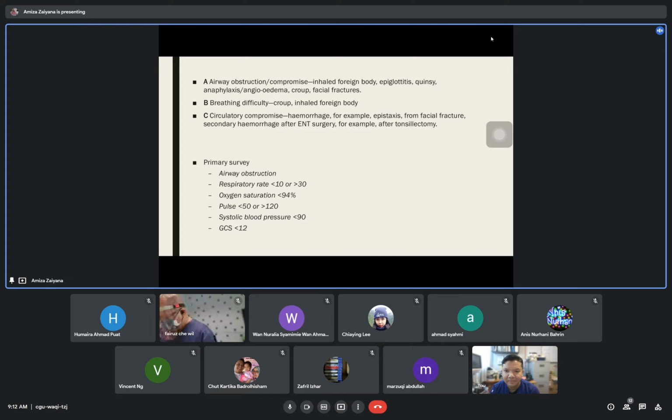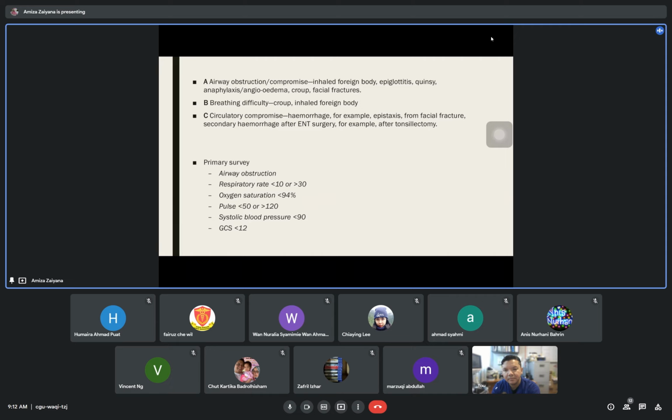For ENT emergency, we have to approach the patient by using the primary survey. For example, there is A, B, C, D, E that we know. For ENT emergency, it's important to know the A, B, and C. During the primary survey, we have to assess the patient's condition, kita kena assess patient punya airway, tengok sama ada obstruction ataupun any compromise.